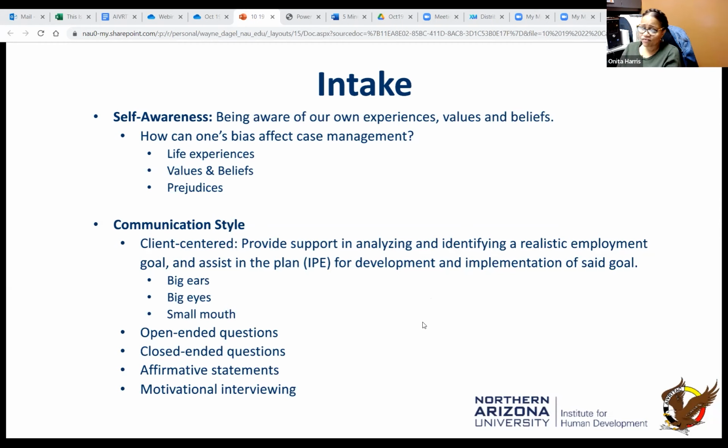So affirmative statements are an opportunity for us to build up their self-esteem and their confidence. By saying something as simple as, it is so great that you showed up for your appointment today, you're giving them positive feedback, and that encourages them to engage in the process as well.